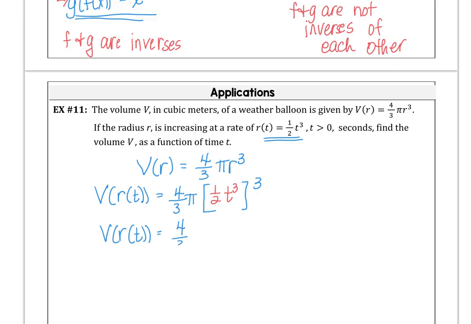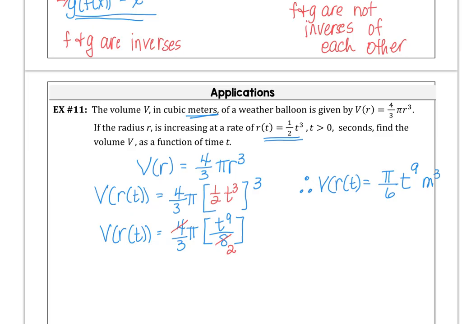So 4/3 pi times t to the 9th divided by 8. 4 divides 8 2 times. So our function V of r of t is going to be pi over 6 t to the 9th, and our units were in cubic meters. So V of r of t is pi over 6 t to the 9th in cubic meters.